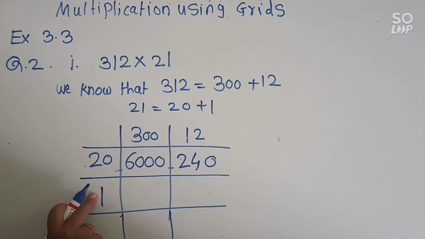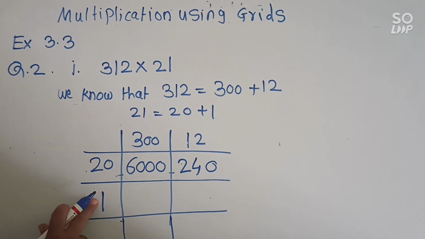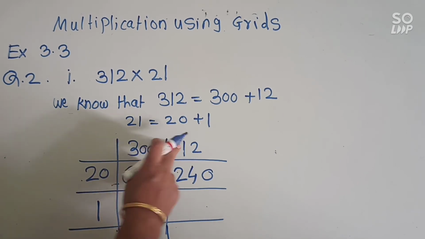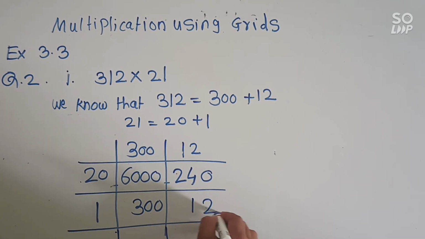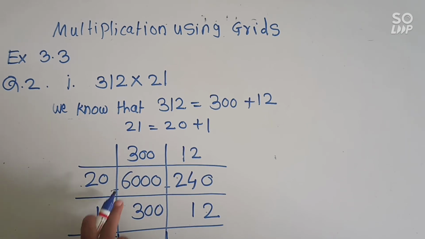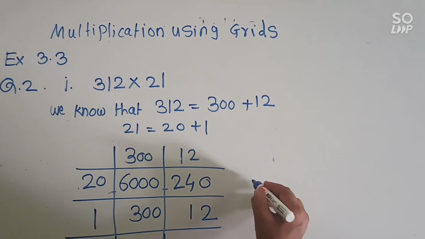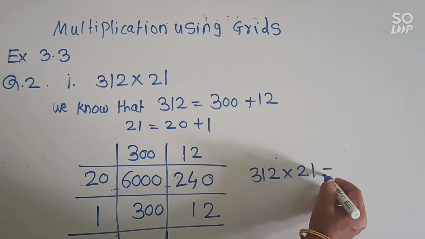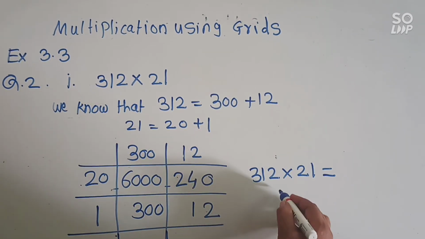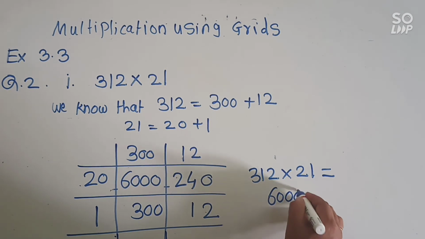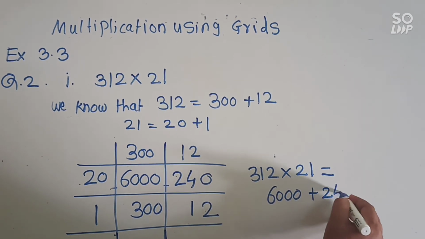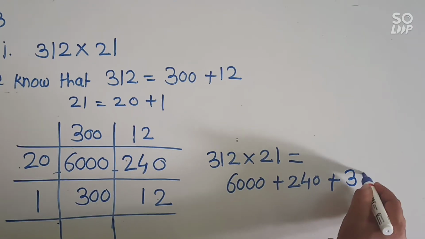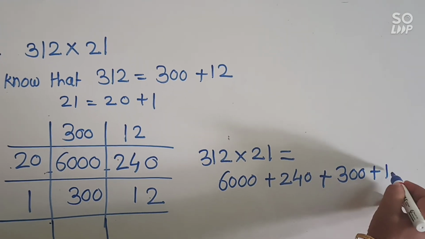Okay, now with 1, 300 multiplied by 1 is equal to 300 and 1 multiplied by 12 is equal to 12. Okay, now 312 multiplied by 21 is equal to 6000 plus 240 plus 300 plus 12.